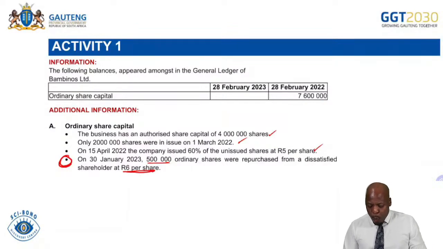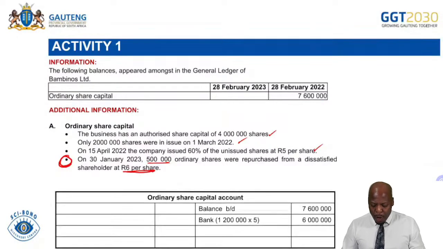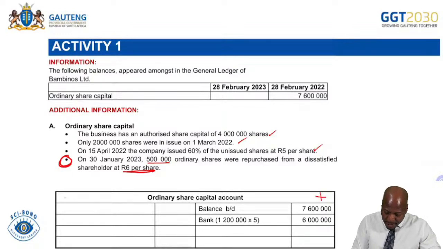Anything that has to do with shares and shareholders, we come to the ordinary share capital account. Already we've established that our ordinary share capital account increases on what side? Credit side. So on this side, it is a plus, and on the debit side, it is a minus.